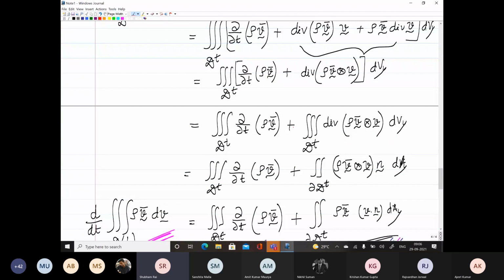Rate of change of linear momentum of a system, how did you know that it is rho times a of dvy? It is okay for a single particle, that it is mass times acceleration. But here you have to first identify a system, right? Then only you can apply Newton's second law.